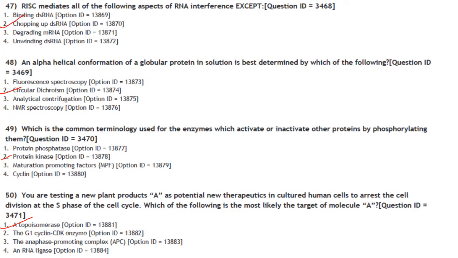RISC mediates all of the following aspects of RNA interference except. Now RNA interference is a post-transcriptional gene silencing method, and the mechanism by which RNAi works is initiated by progressive cleavage of the double-stranded RNA into 21 to 23 nucleotide siRNAs.